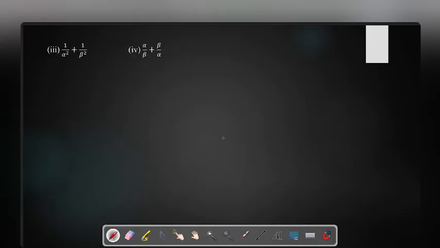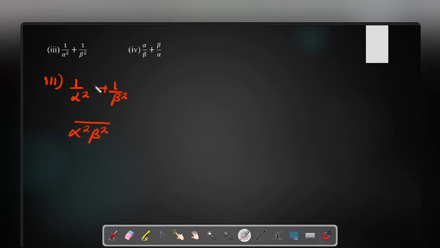Then now moving to part 3, what we have on part 3 is 1 over alpha squared plus 1 over beta squared there. So again here what we have is a fraction. So what you do here, you find the common denominator, which is alpha squared beta squared.